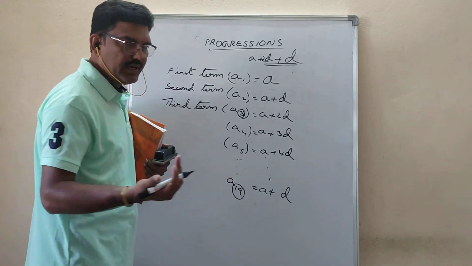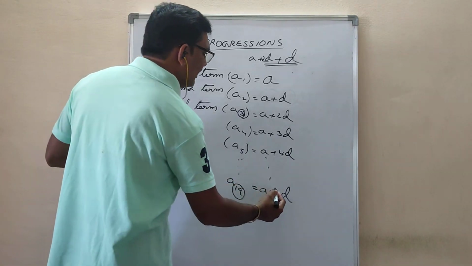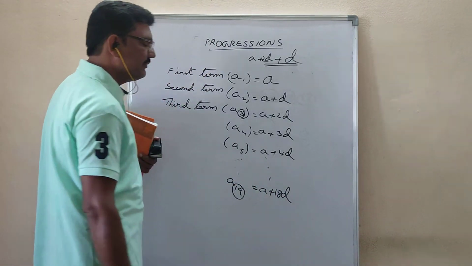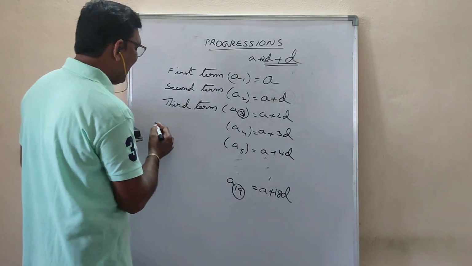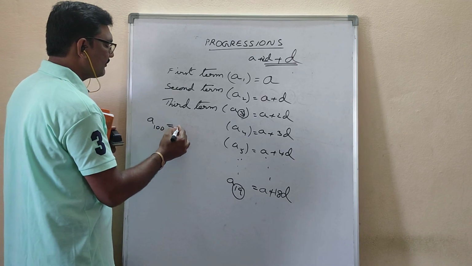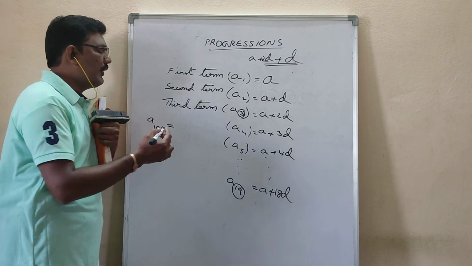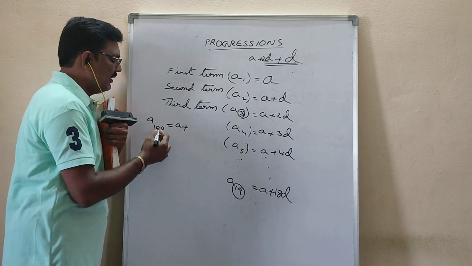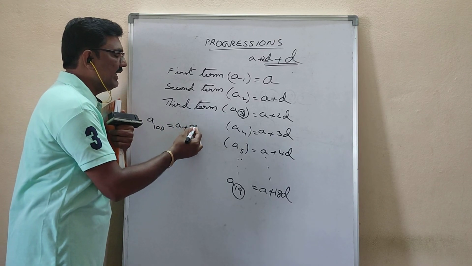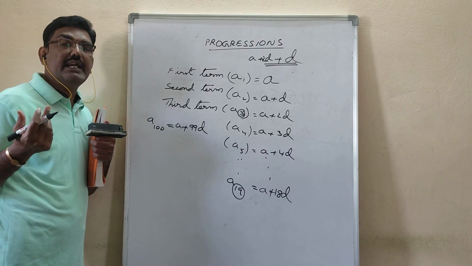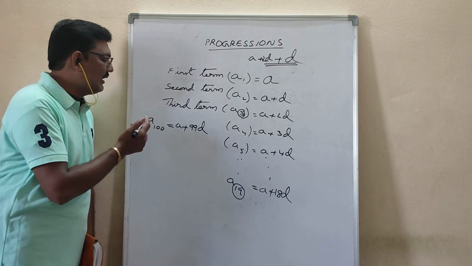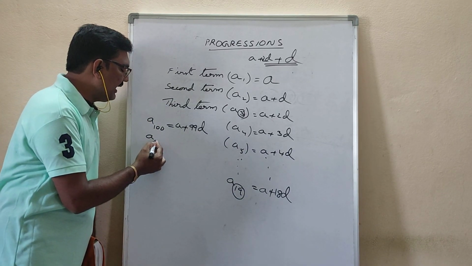From 19 if you subtract 1, you get 18, so 18d. Yes or no? Like this, if you want to write a100, from 100 subtract 1: a plus 99d.